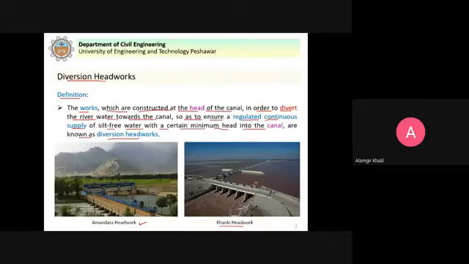So these headworks basically divert the water. As you can see here, the water will flow in the river in this direction. This is the upstream, and this is the downstream of the river, and here the water is diverted. This is the canal head regulator, where controlled supply of water can flow into the canal, and this is actually the canal.